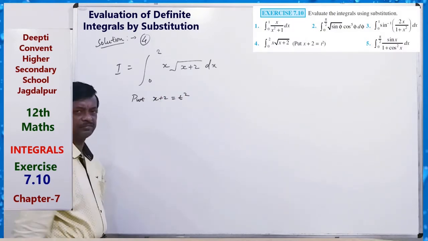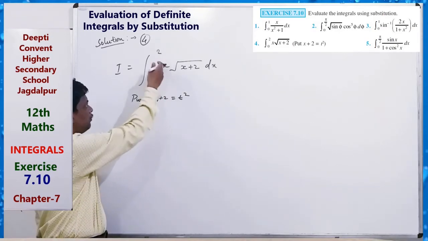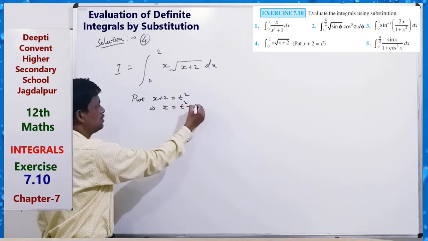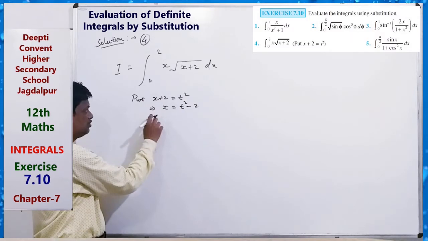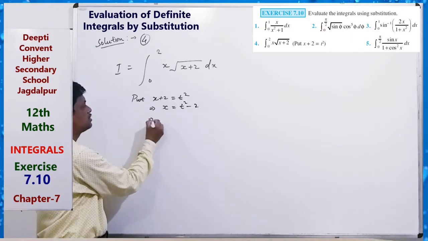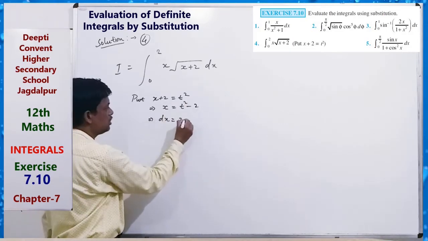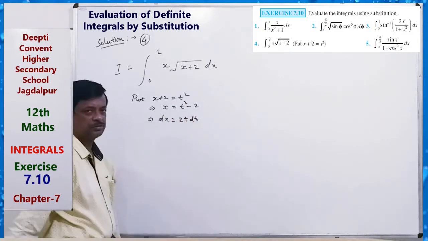So here x equals t square minus 2, and also dx equals what? dx equals 2t dt minus 0.